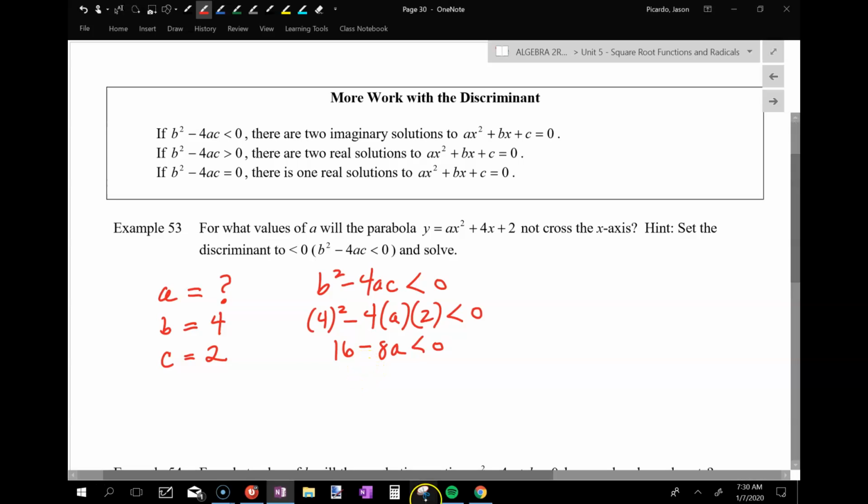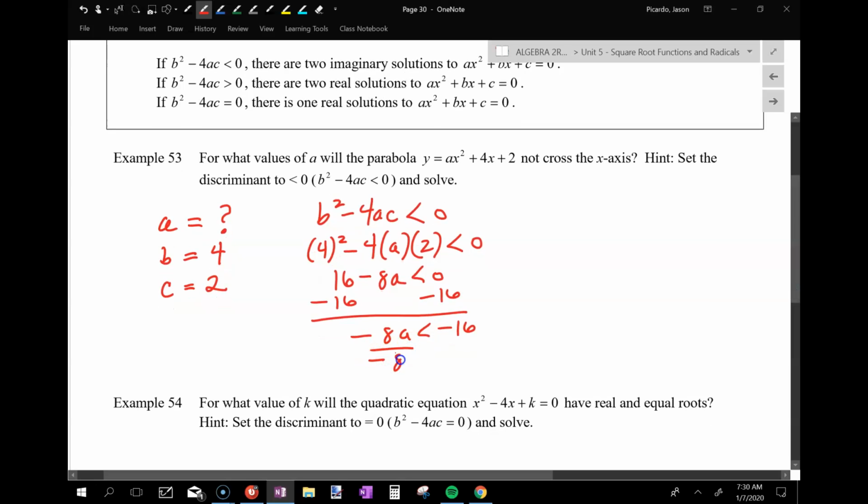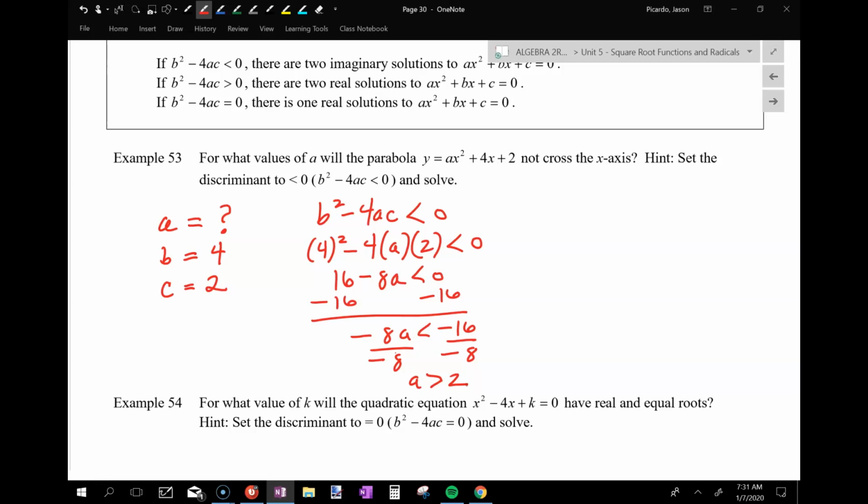I can subtract the 16. And we actually run into that scenario where I divide by a negative, right? Which means I need to flip my inequality sign, right? So what this is telling me is that as long as my value of a is a number greater than 2, I won't have any real roots. I'll have imaginary roots, won't I? Okay? So that's the kind of question that you could see where you can use the discriminant to accomplish a task.